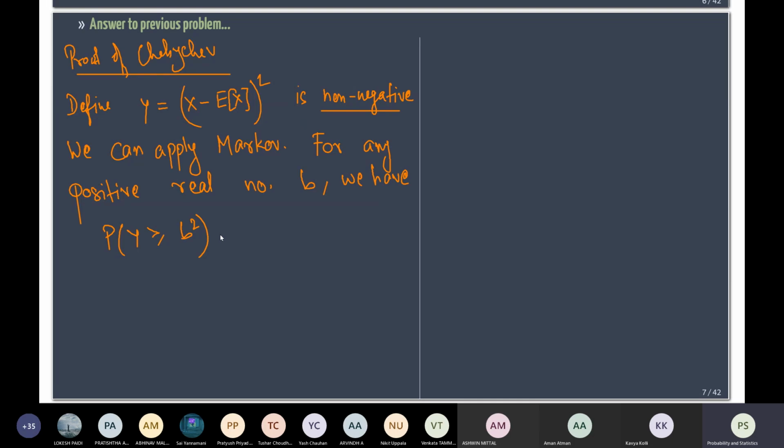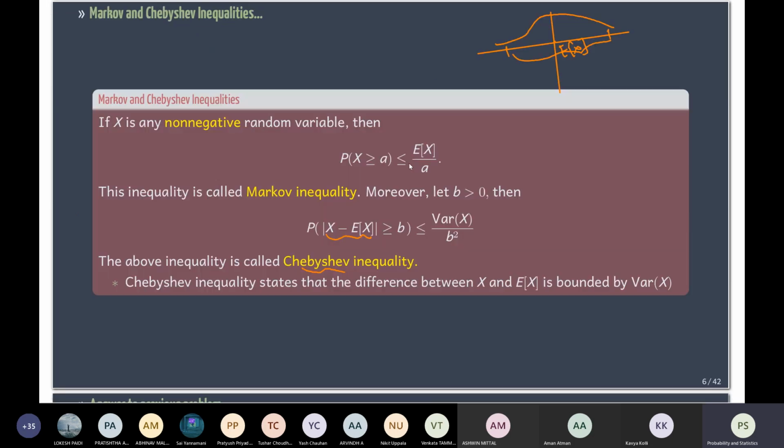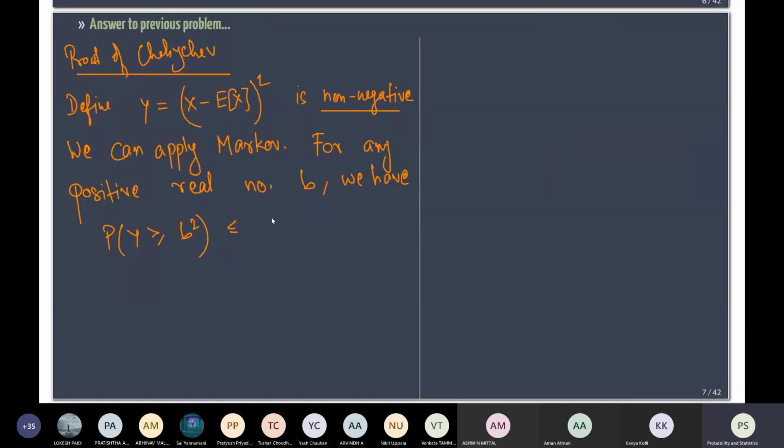So I am allowed to use the Markov. Okay, so this will be less than or equal to expectation of y by b square, right? So this is from the Markov.